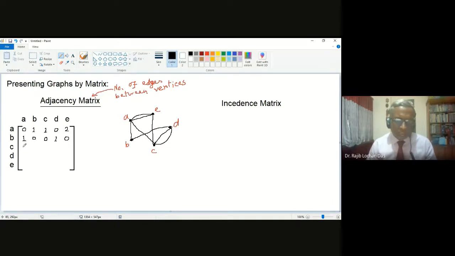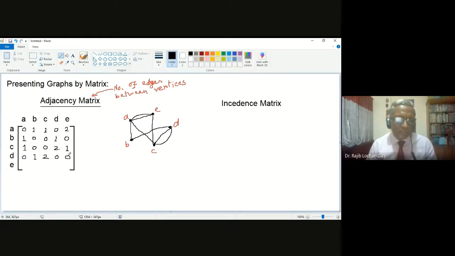So CA is 1 and CB is 0, CC is 0, CD is 2, and CE is 1. So you go to the next line. DA is 0, DB is 1, and DC is 2, DD is 0, DE also 0.